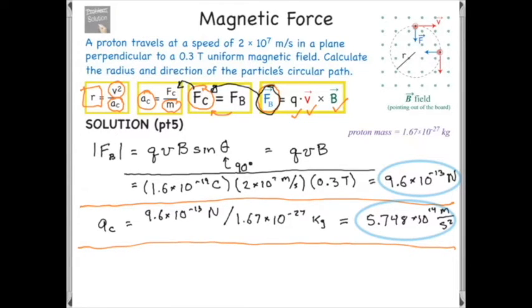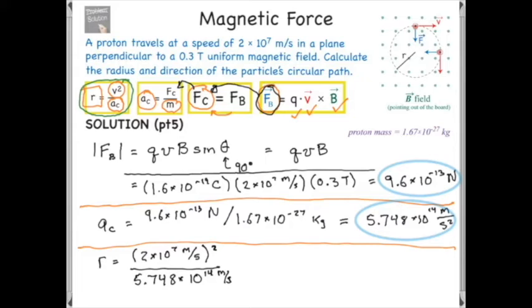And so finally, we can plug that centripetal acceleration into our equation for the radius right here and end up with R is equal to velocity squared. That's going to give us 2 times 10 to the 7 meters per second, the whole thing squared, over our centripetal acceleration, which is 5.748 times 10 to the 14 meters per second squared.